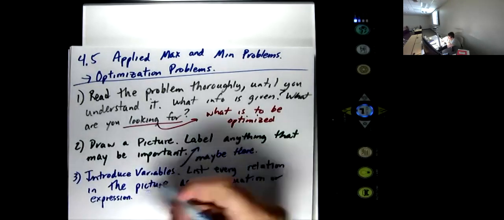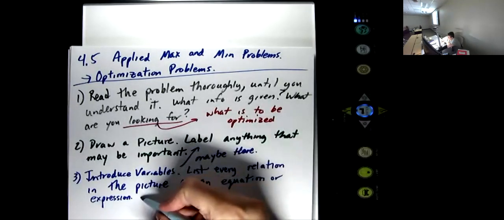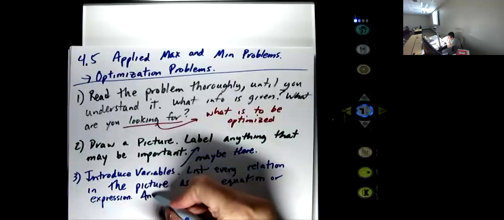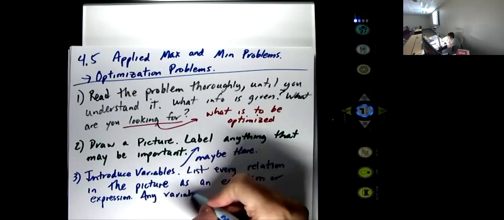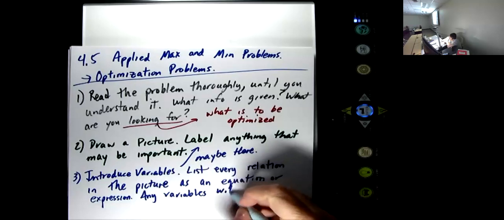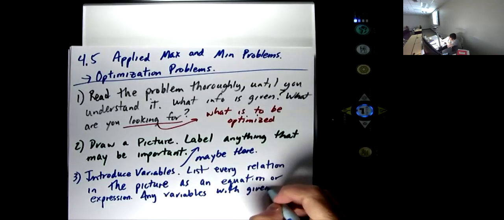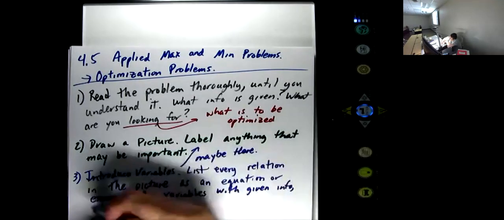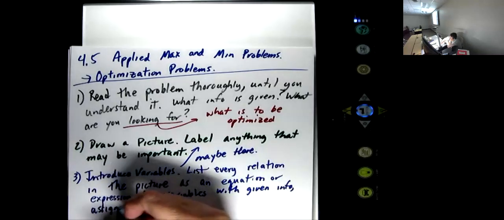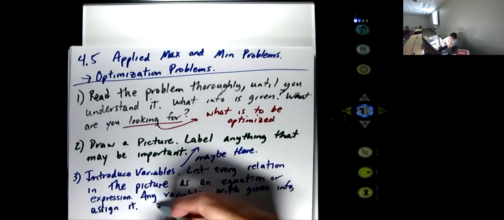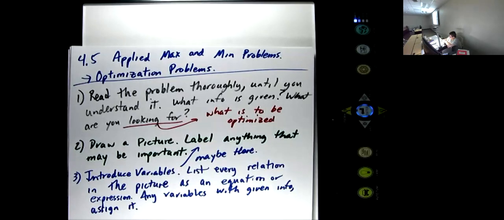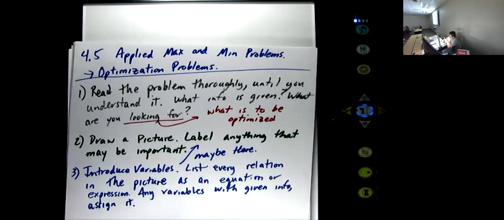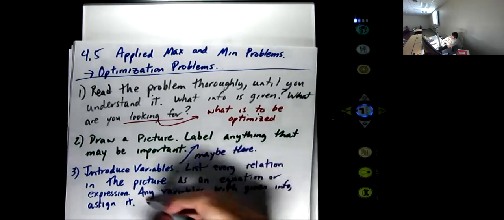And maybe any variables that have values, assign them. And most importantly, identify which one you don't know.